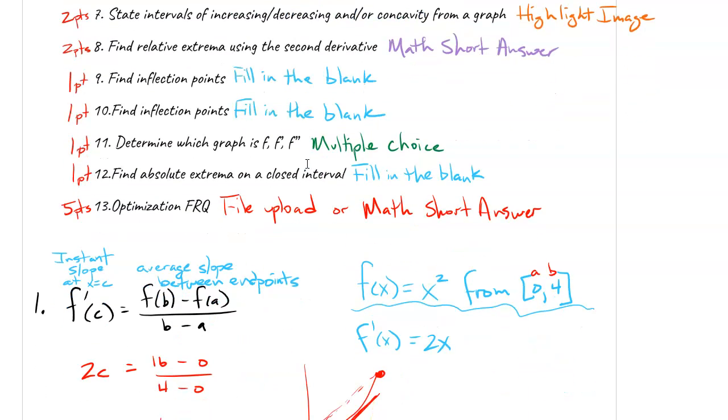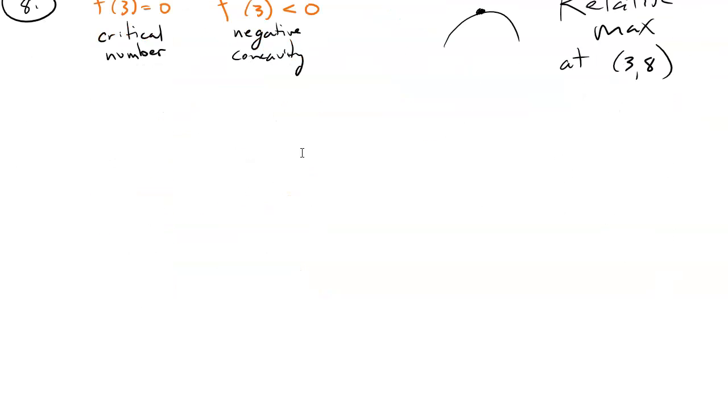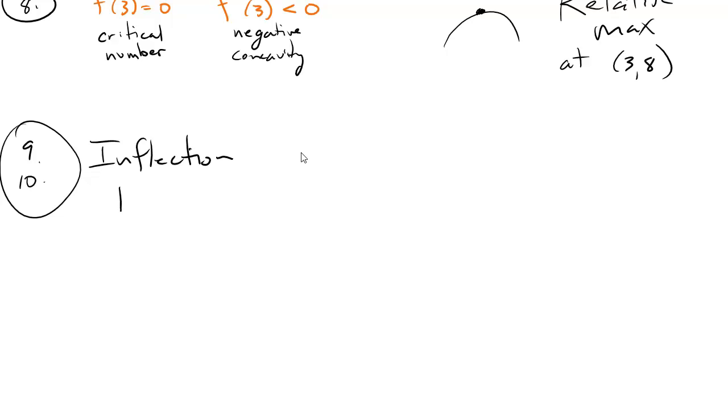Inflection points. Let's see, we are at 41 minutes, so we definitely have time. 9 and 10, inflection points. Natalie? Anything you can tell me about how to find an inflection point?